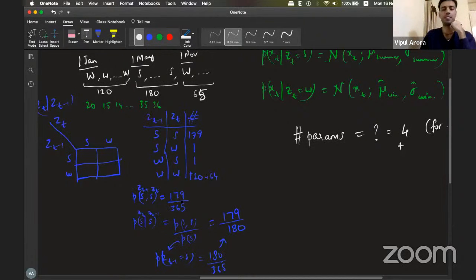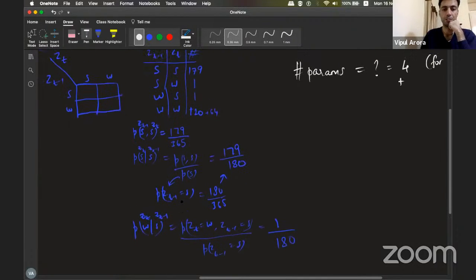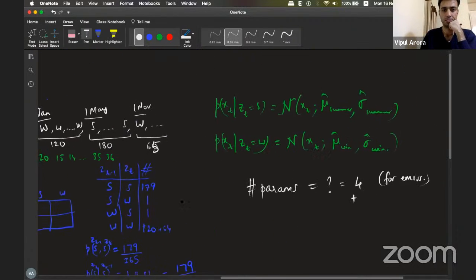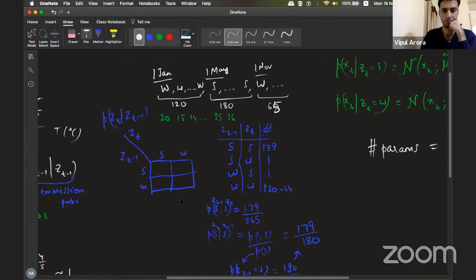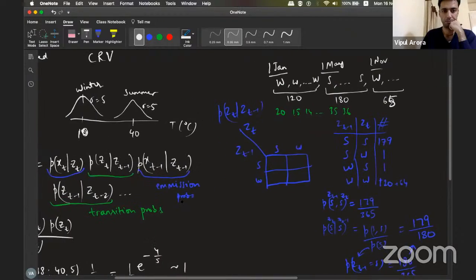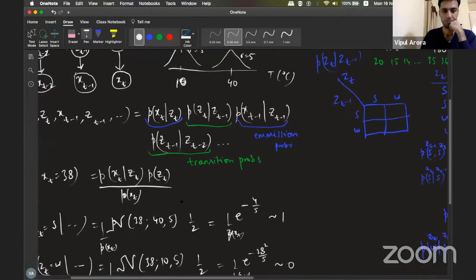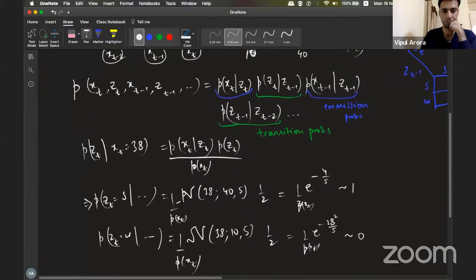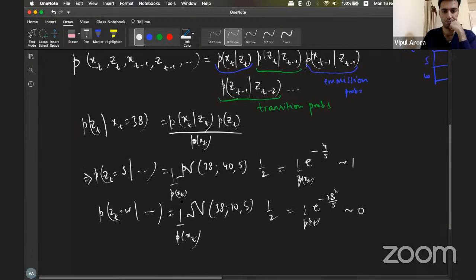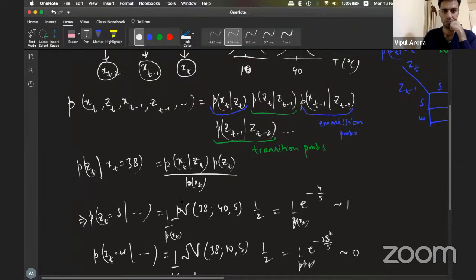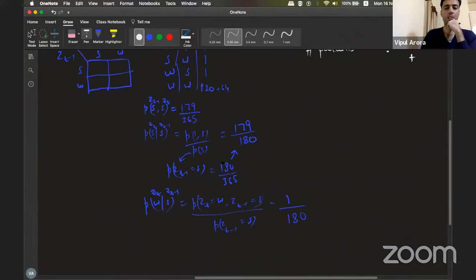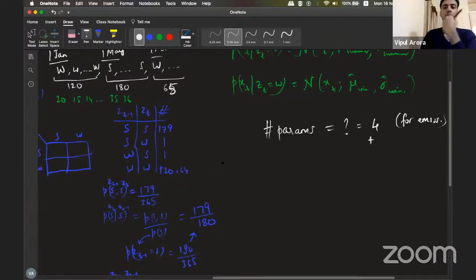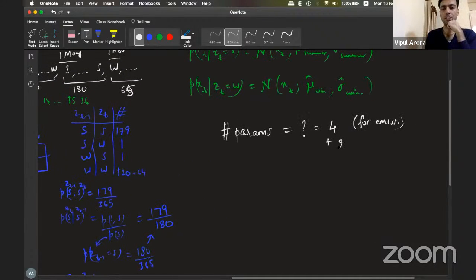Yeah, I think 2 is the right answer. Yes. So we need 2 parameters for the transition probability.